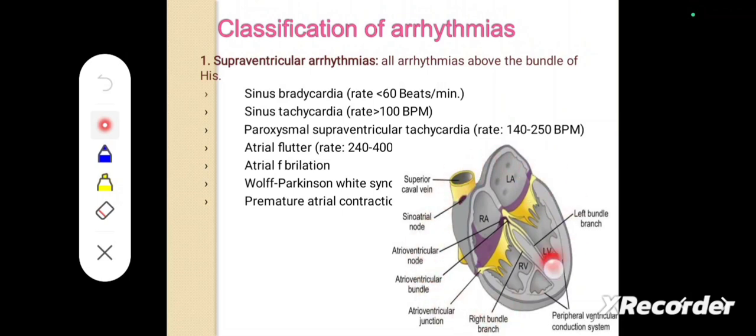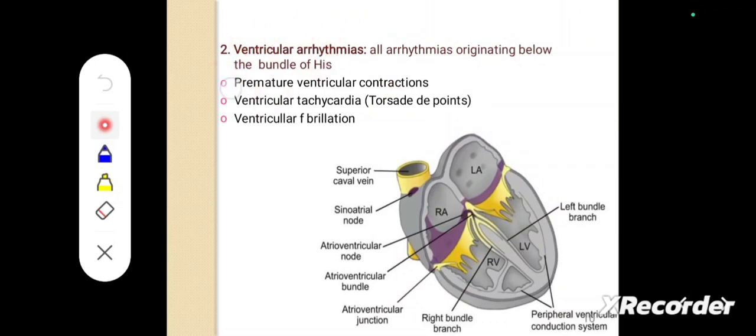Here this diagram represents the different parts of the heart and where the arrhythmia actually occurs. The next is ventricular arrhythmia, which has three types: premature ventricular contraction, ventricular tachycardia, then ventricular fibrillation or ventricular flutter. In ventricular flutter the heart rate is between 150 and 300 per minute.